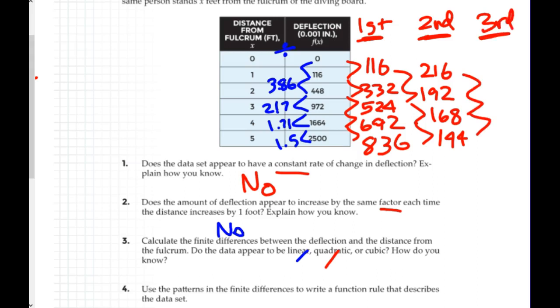Third difference. So 216 minus 192. Sorry, my bad, 192.